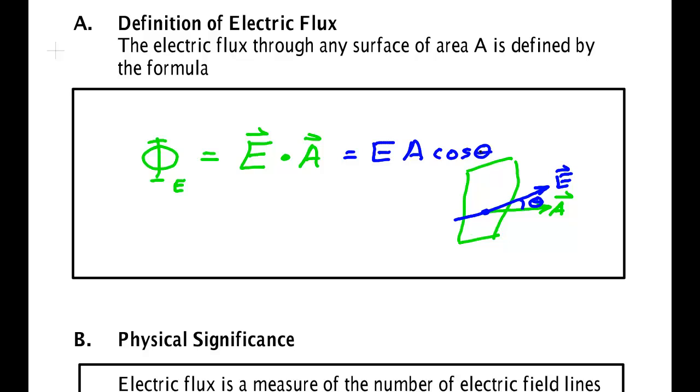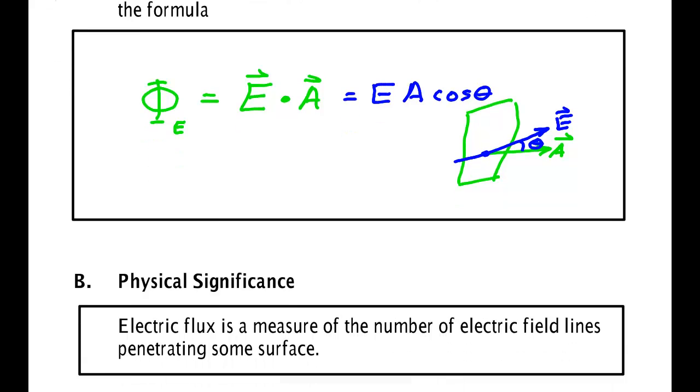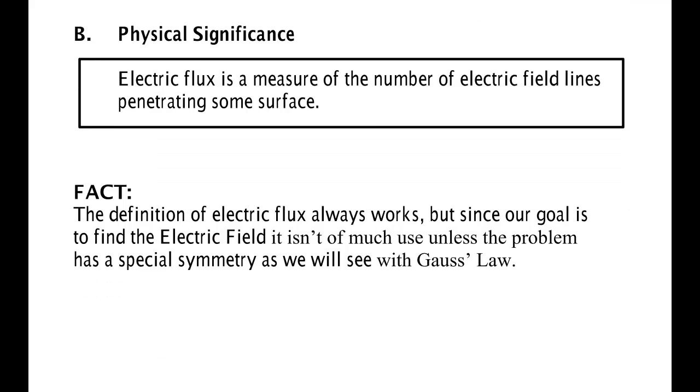Now, in water flux, it represented a change in the volume of the water over time. In other words, how much water flowed through the surface in a given time, 10 gallons per minute, or 8 liters per second. What does this electric flux represent? Well, you remember those field line diagrams.